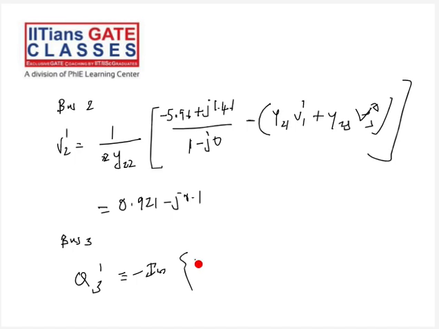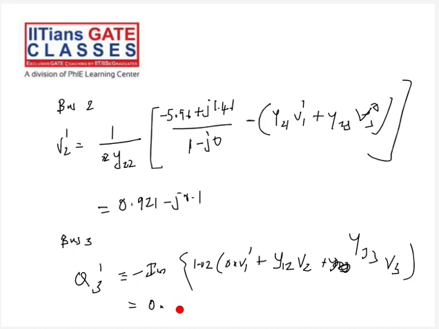It will be 1.02 angle 0 into V1 dash plus, if you substitute, Y32 V2 plus Y31 V1 plus Y33 V3. Substitute and you will get this as 0.86 per unit, right?